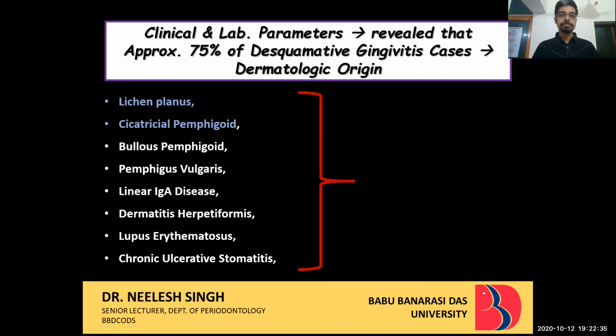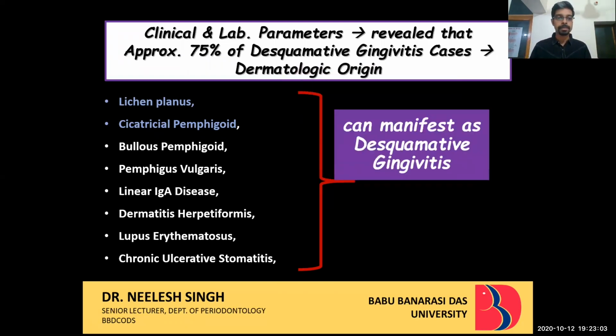By clinical and various lab parameters, they have revealed that approximately 75% of these desquamative gingivitis cases are of dermatologic origin. Out of these, lichen planus, cicatricial pemphigoid, bullous pemphigoid, pemphigus vulgaris, linear IgA disease, dermatitis herpetiformis, lupus erythematosus, and chronic ulcerative stomatitis are the most common.